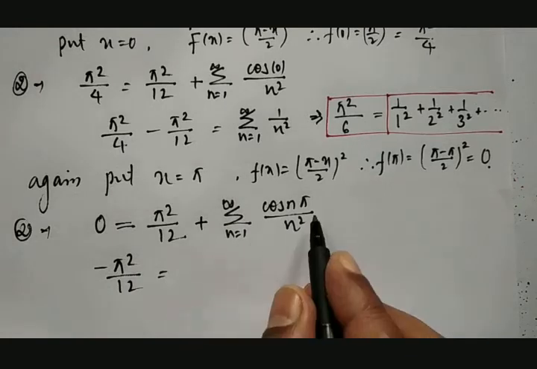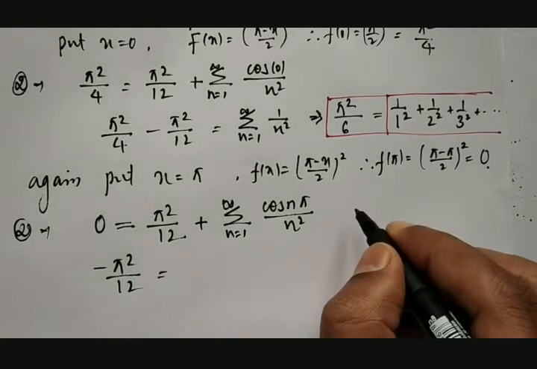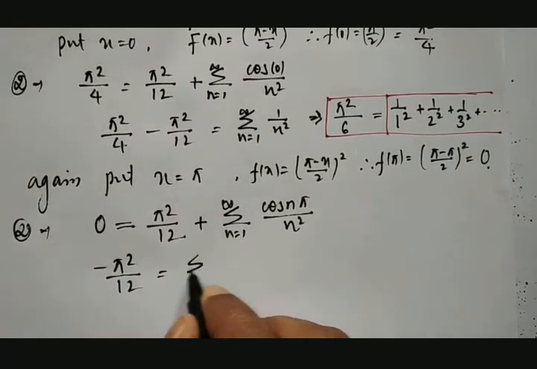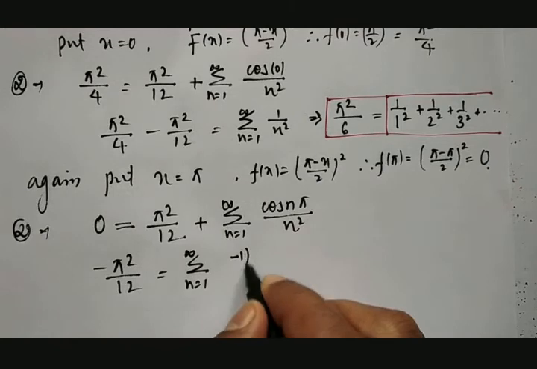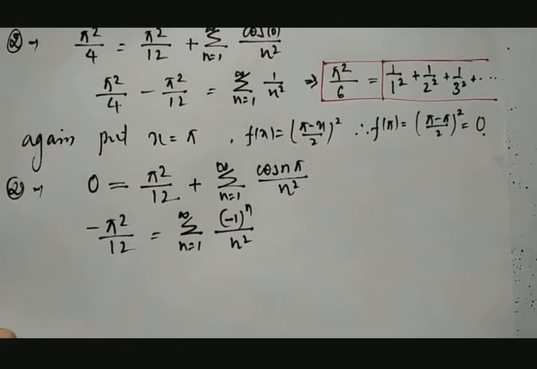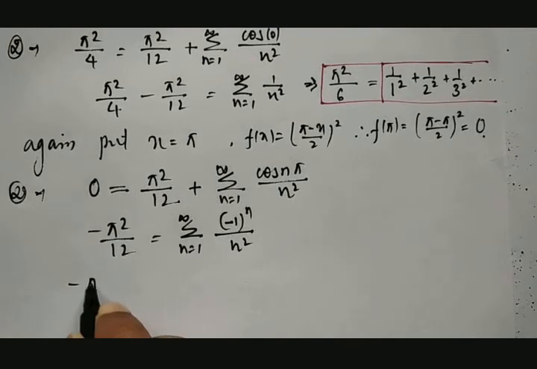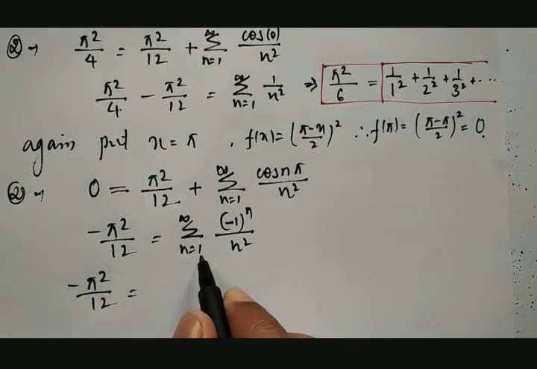If you put n is equal to 1, 2, 3 and so on, we will be getting, or else summation from n equal to 1 to infinity of cos n pi is nothing but minus 1 raised to n divided by n square. Therefore minus pi square by 12 is equal to, remove the summation by putting the value of n.